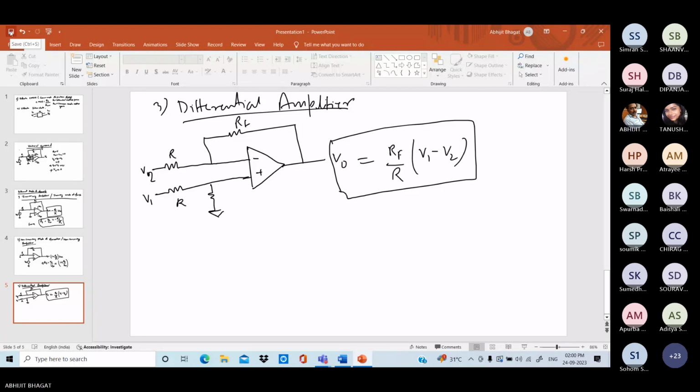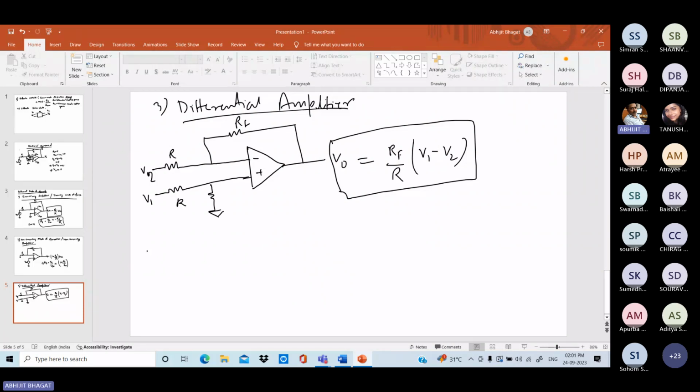Next, this is by using the op-amp. You can see here the term is operational. Why is it called operational? Because by using the op-amp, you can design circuits which can perform mathematical and logical operations.